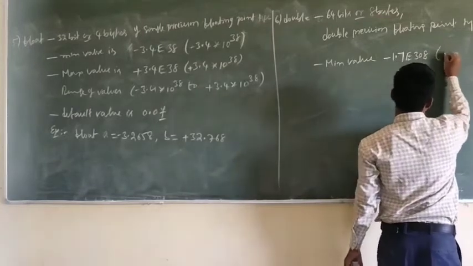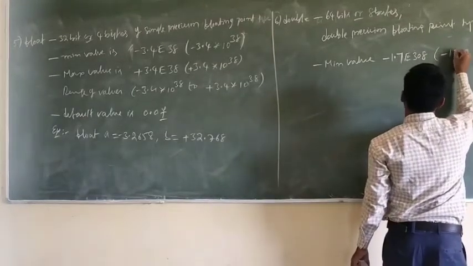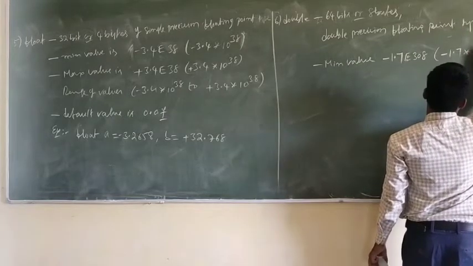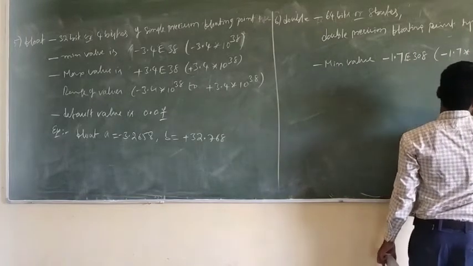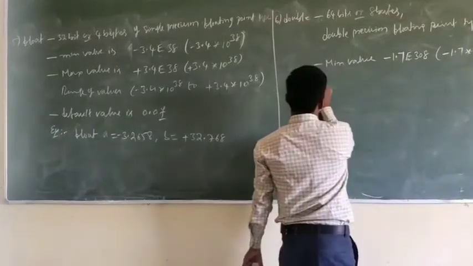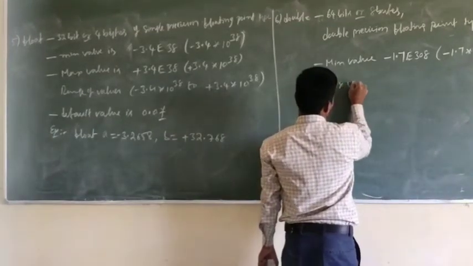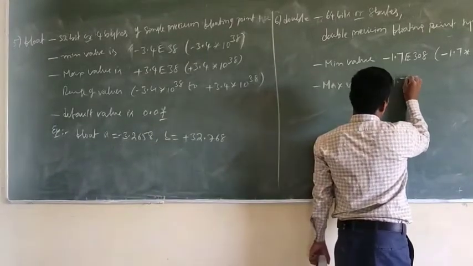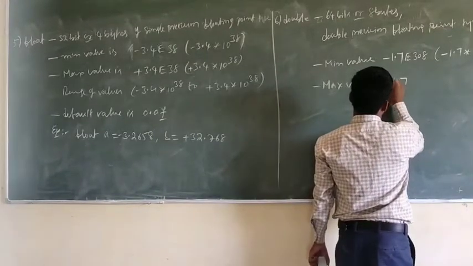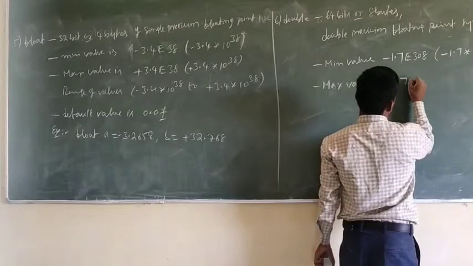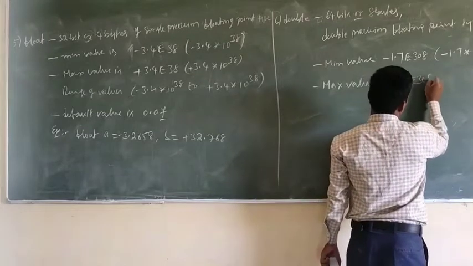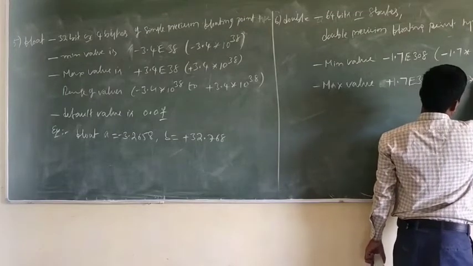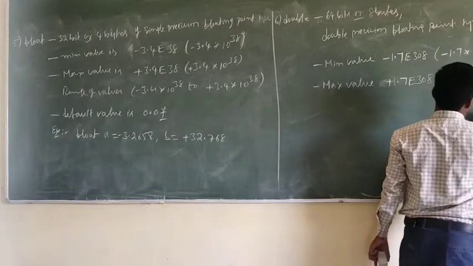We can represent this in exponent notation like this: minus 1.7 into 10 to the power of 308, and the maximum value is plus 1.7 E 308, that is plus 1.7 into 10 to the power of 308.